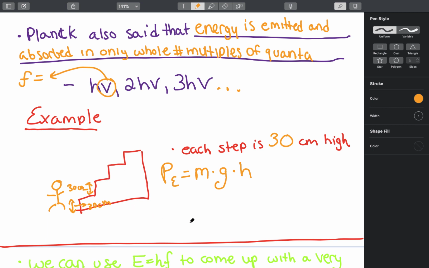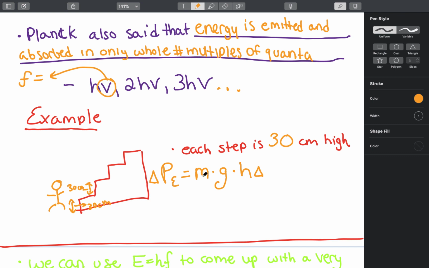The difference in potential energy associated with each step is correlated to the change in height. So in order to go from one step to the next, you have to increase your potential energy by 30 centimeters' worth each time. In other words, to climb from the floor to step 1, you have to go up 30 centimeters.